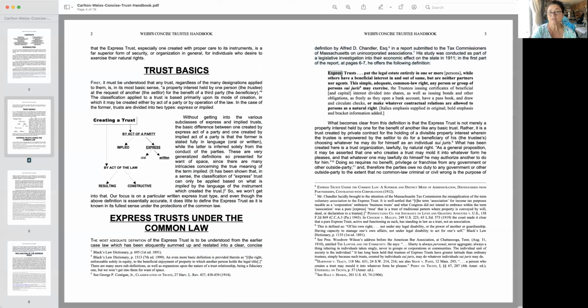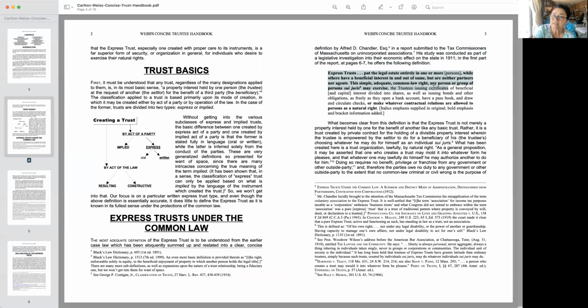Express trusts put the legal estate entirely in one or more persons, while others have a beneficial interest in and out of same, but are neither partners nor agents. This simple, adequate, common law right any person or group of persons sui juris may exercise.